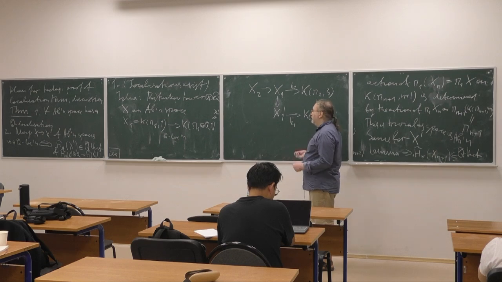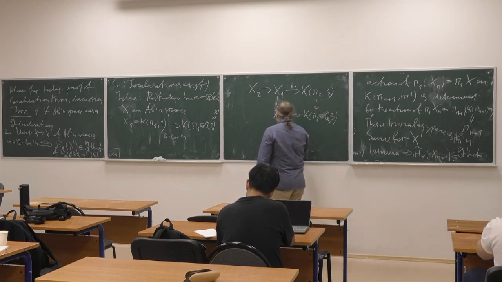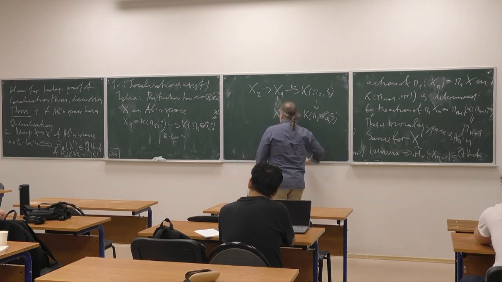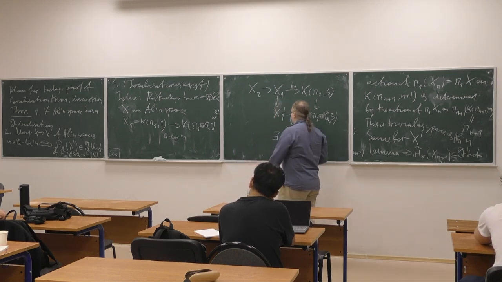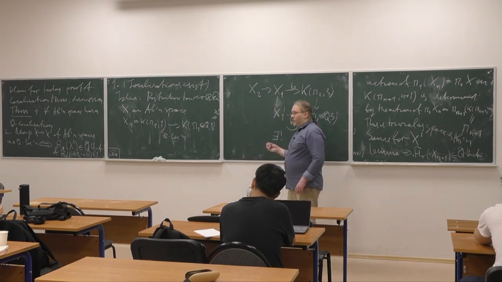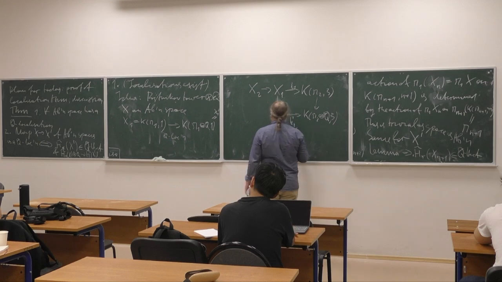Why? Here we use obstruction theory. This map exists. And moreover, which we will need for part 3, not only does it exist, it's unique. Why?